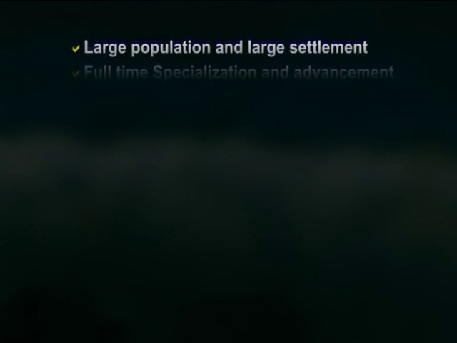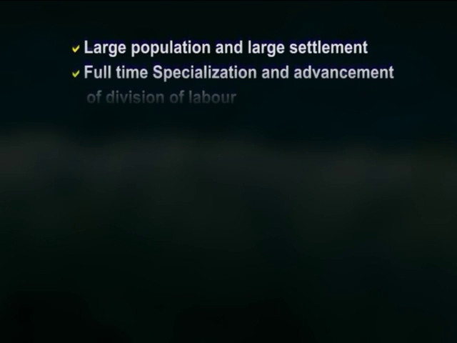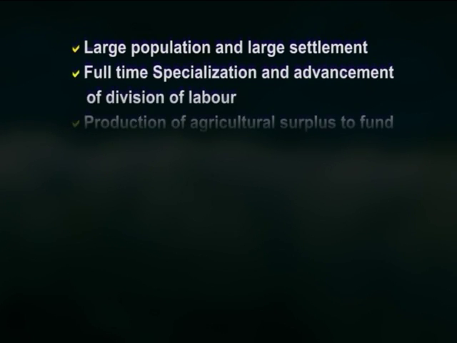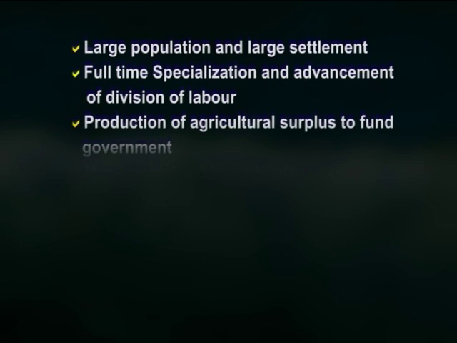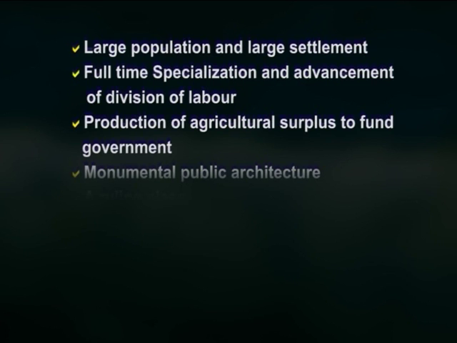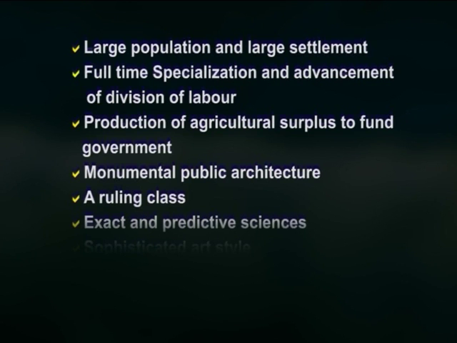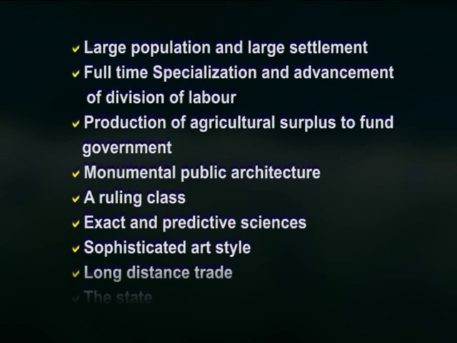Based on his discussion of the Neolithic Revolution and civilization, Childe has listed 10 basic characteristics of the urban revolution, such as large population and large settlement, full-time specialization and advancement of division of labor, production of agricultural surplus to fund government, monumental public architecture, a ruling class, exact and predictive sciences, sophisticated art style, long-distance trade, and the state.